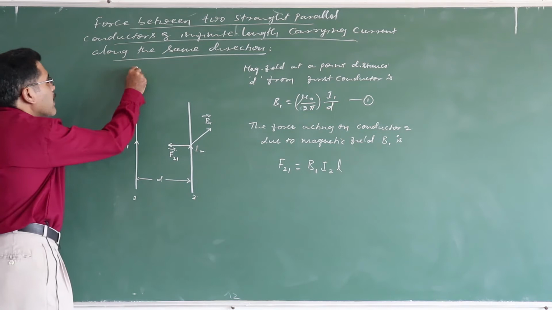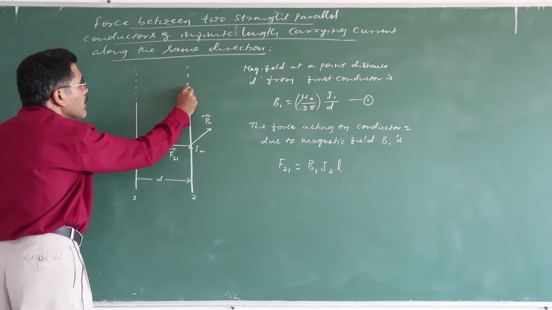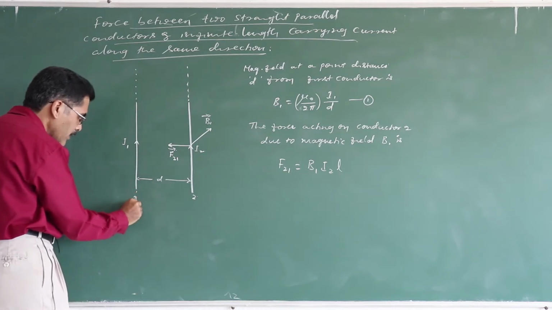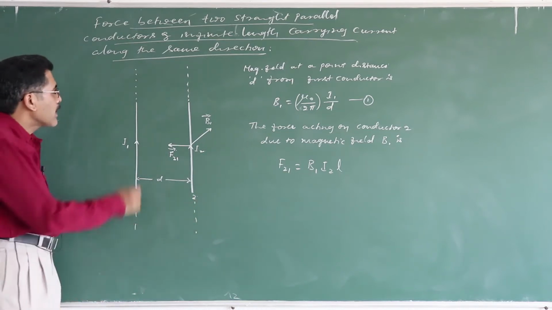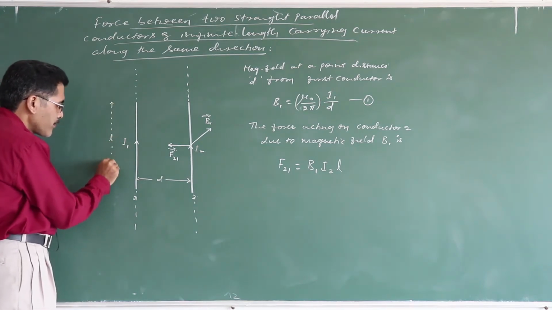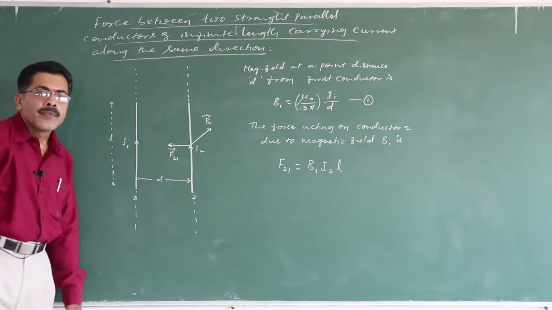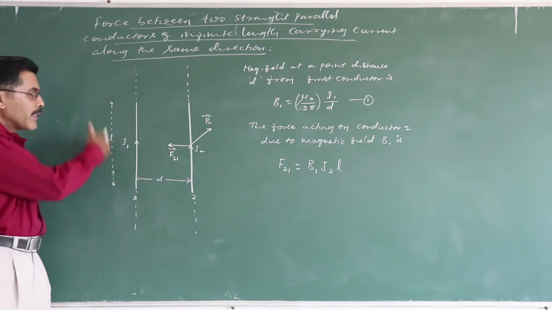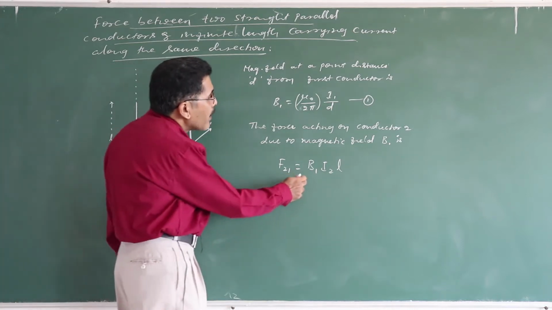Say these two conductors are of infinite length. I just take a particular length L, let this be L. What is B1?